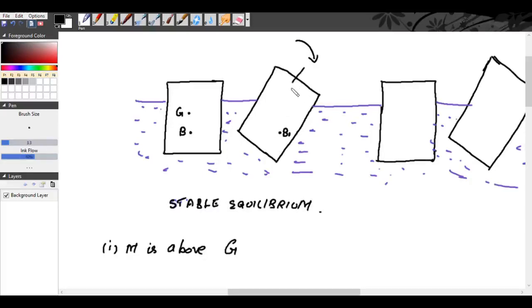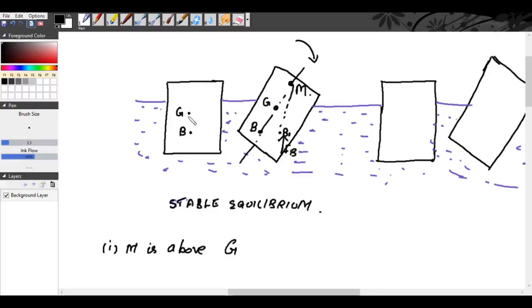This is our neutral axis. B gets shifted to B1 such that the vertical line through B1, that is our FB, cuts at M.